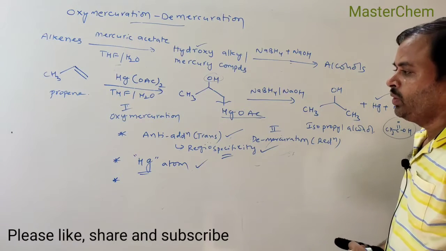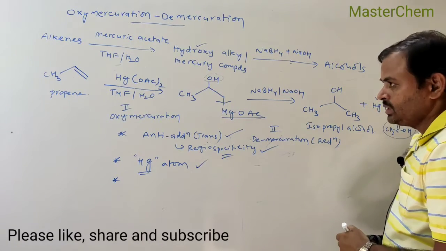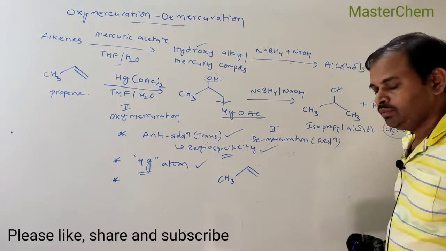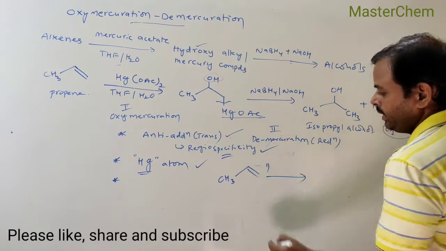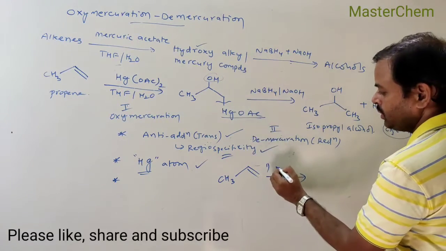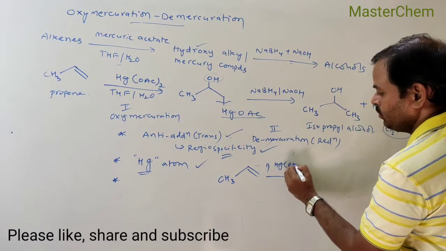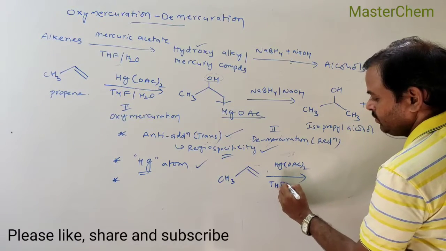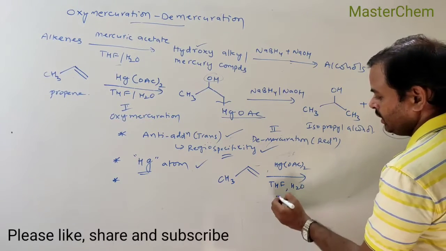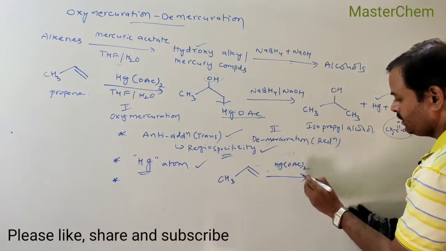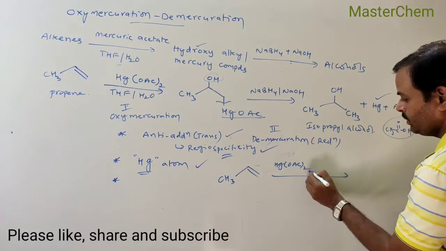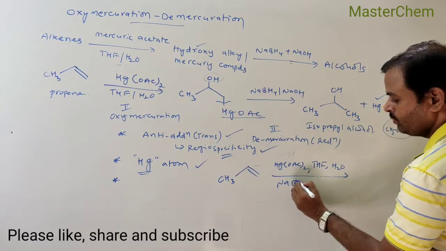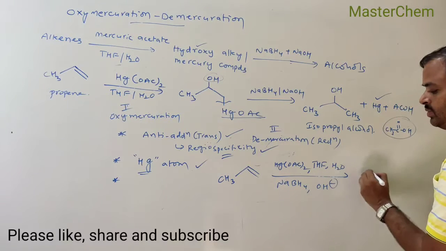oxymercuration-demercuration reaction. Okay, now let us discuss the mechanism. Before that, how is it asked in your examination? An example: here mercury acetate, HgOAc taken twice, THF H2O, and here THF H2O and NaBH4 with OH minus.